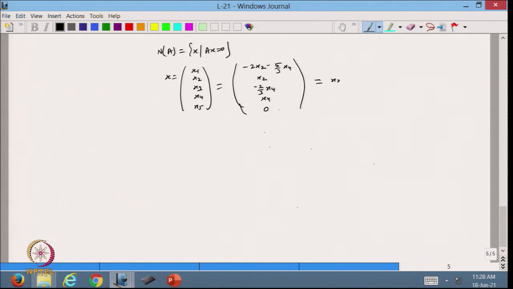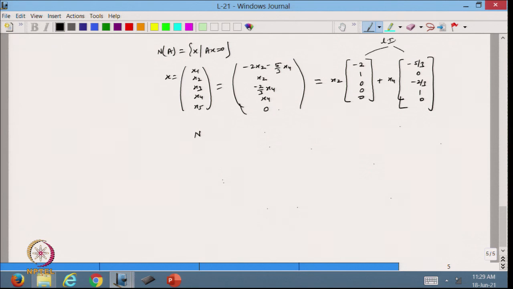And from here I can write my x as x2 times (minus 2, 1, 0, 0, 0), just the linear combination, plus x4 times (minus 5 by 3, 0, minus 2 by 3, 1, 0). So, from here you can see that the null space is spanned by two vectors, and these are linearly independent also.